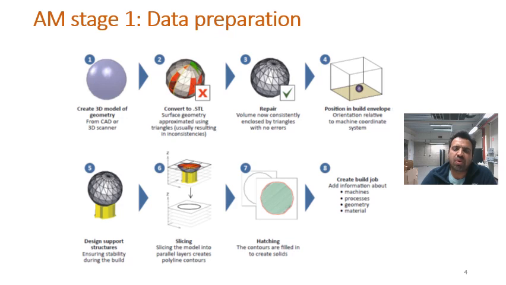In step 4, this part is positioned in the build envelope, and in step 5, support structures are added to the part. Support structures are very crucial for homogeneous building of the part.